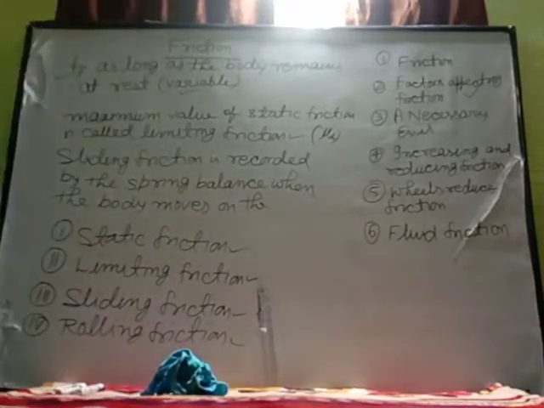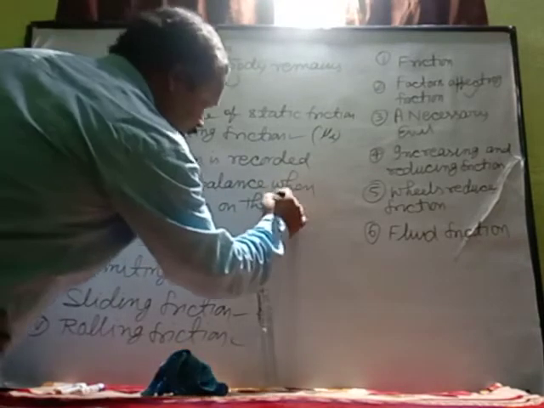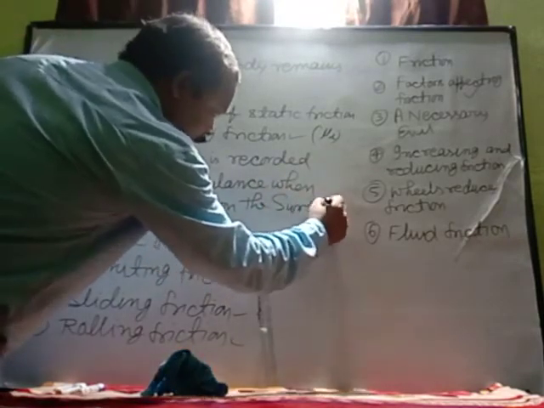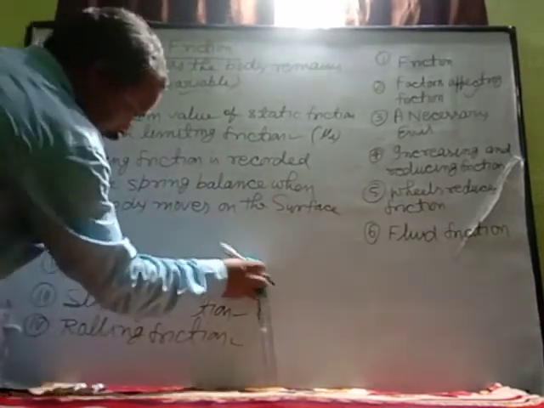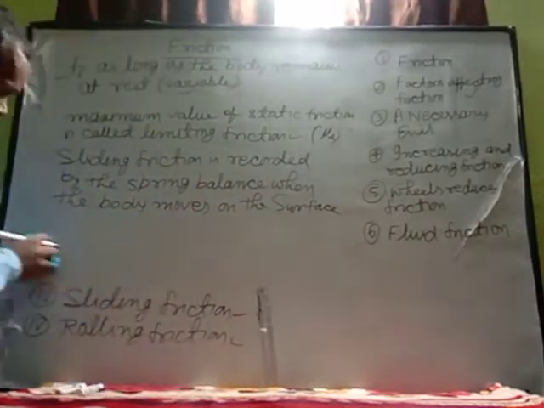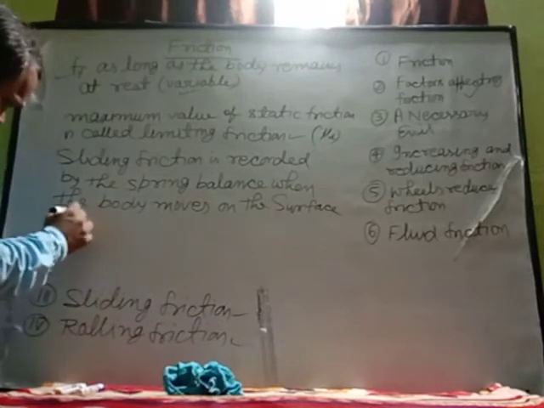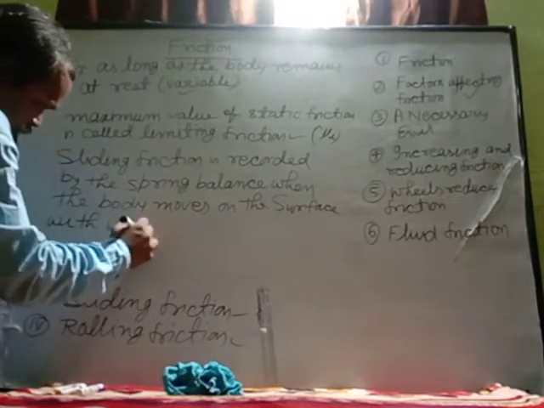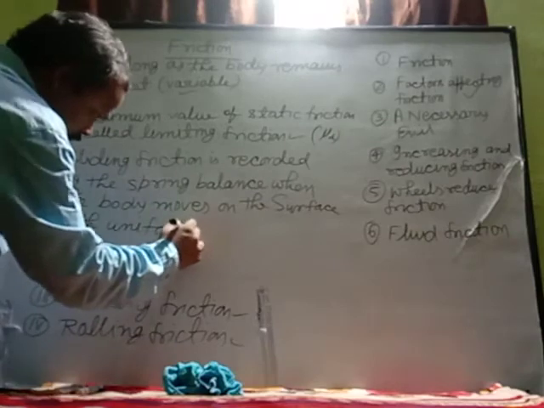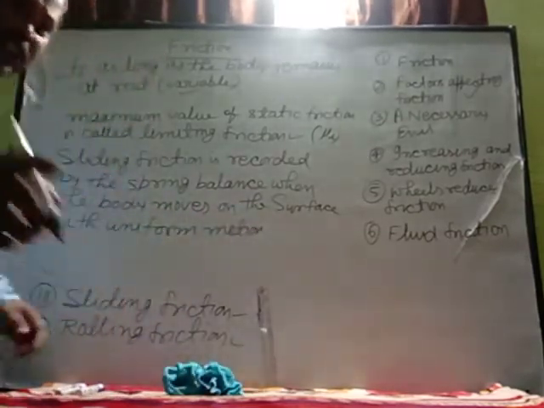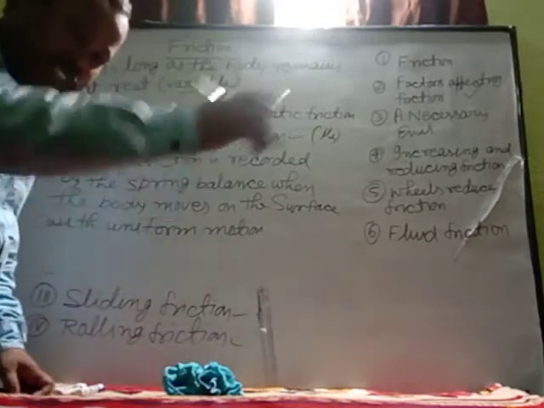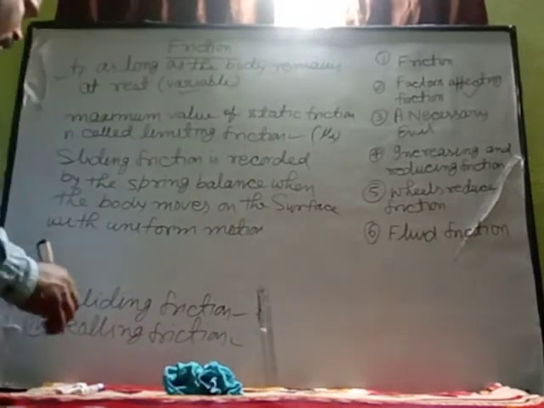The body moves on the surface with uniform motion. What is uniform motion? You know, you have studied in class 7 and its graph also.